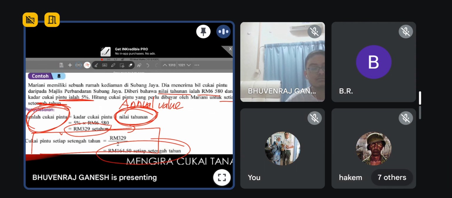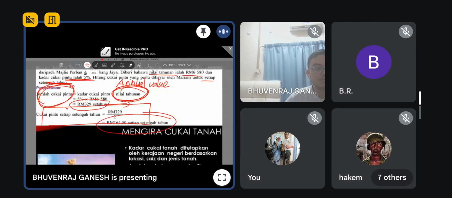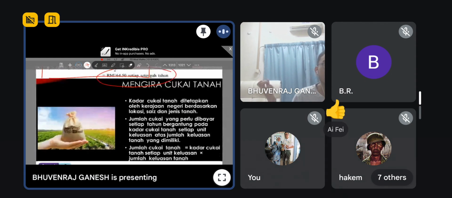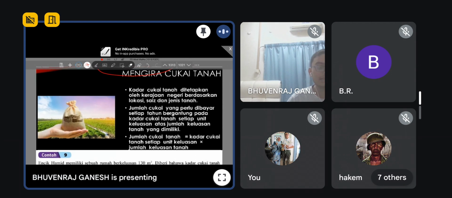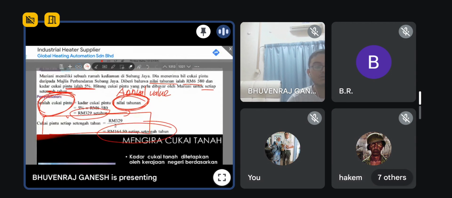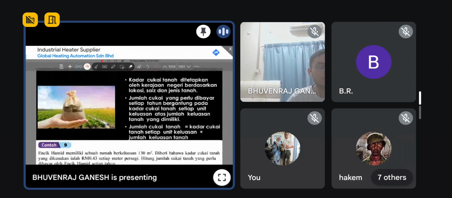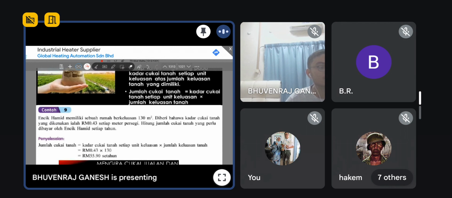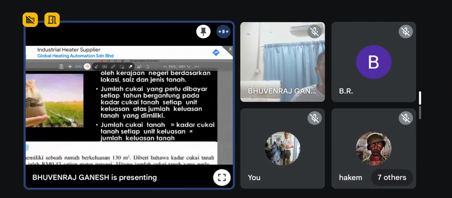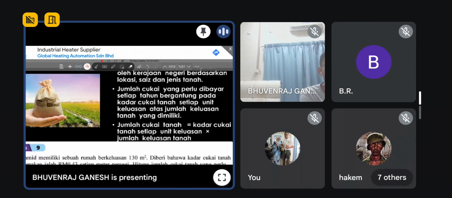Do you understand? Okay, so next one, we already finished cukai pintu, cukai tanah. Just now I was talking on this also. This one is your area of land, luas tanah. Basically the calculation is like this: your total land tax is equal to your kadar, rate, times jumlah keluasan tanah, total area of land.